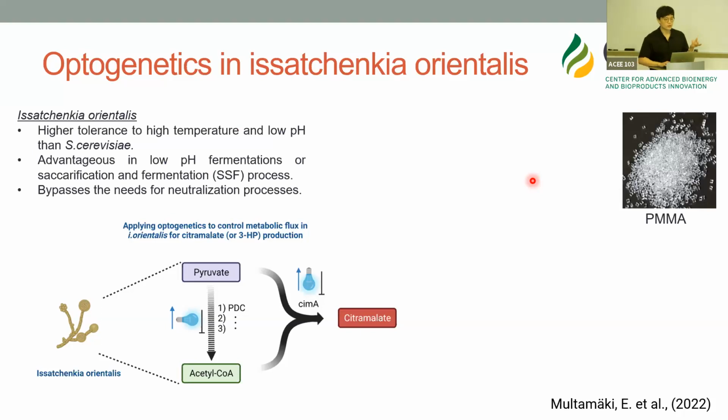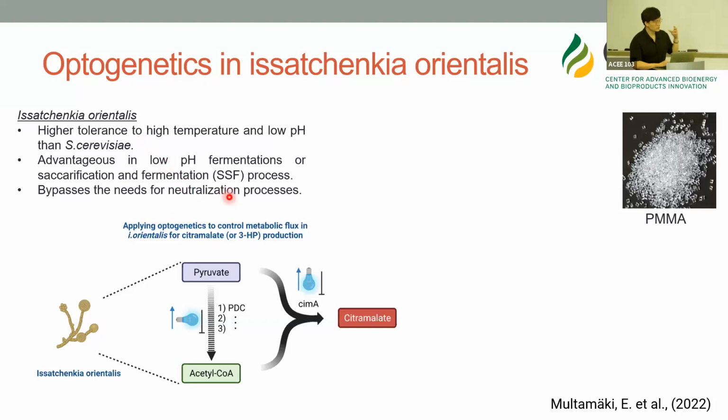Compared to Baker's yeast or cerevisiae, it is attractive because it has high tolerance to temperature as well as low pH. So you can use these to do metabolic engineering at lower pH, and it would be advantageous to make chemicals that are acidic in nature.